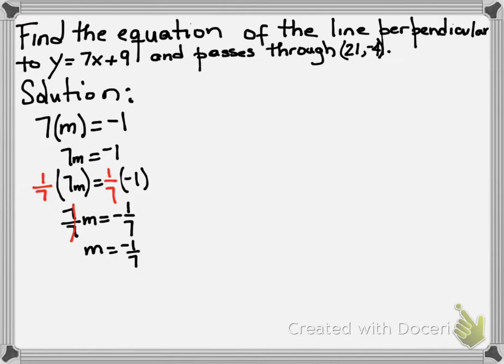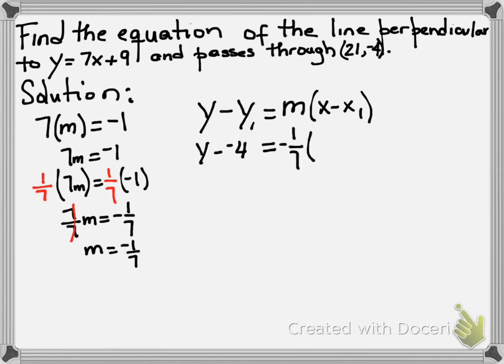Now, we're going to use that slope, so we set up our equation, delta y equals slope times delta x, and substitute the point we have, which is (21, -4). So y minus -4 equals -1/7, which is the new slope, times x minus 21.